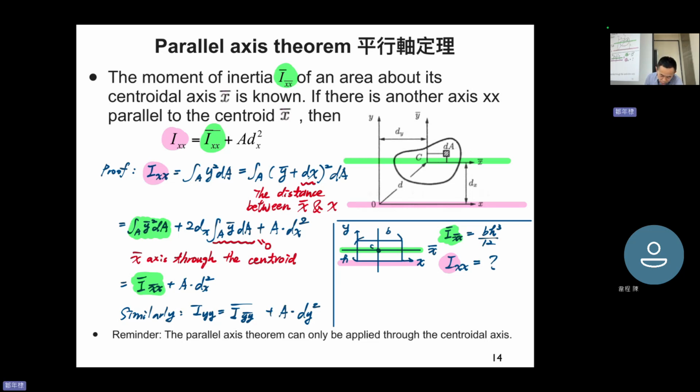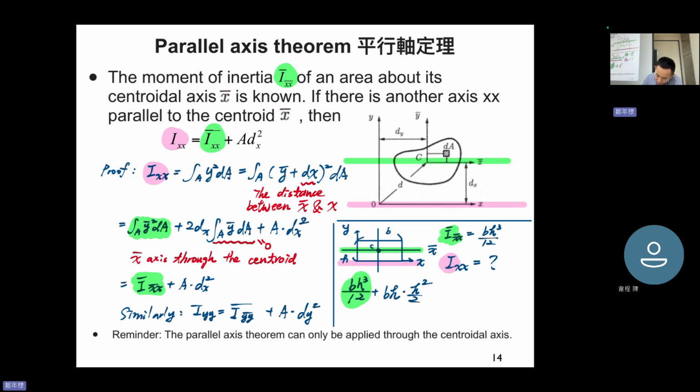So all we need to do is apply the parallel axis theorem: BH, the area, times the difference between the two squared.